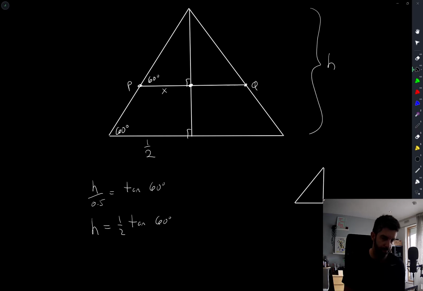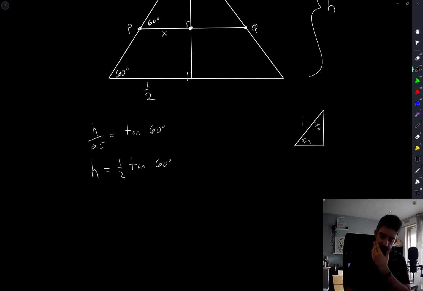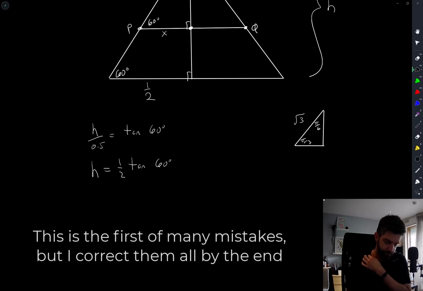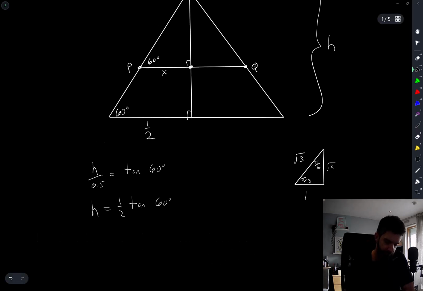Pi over 2, pi over 3 and pi over 6. So how does this work? Is that right?